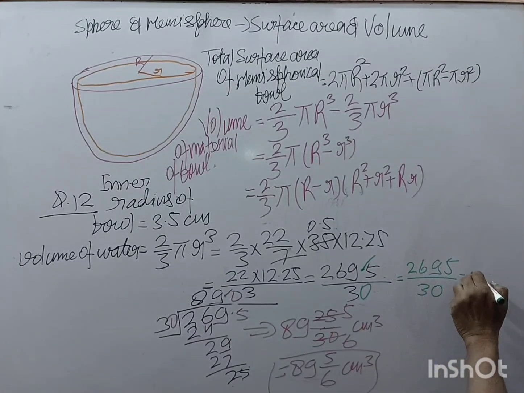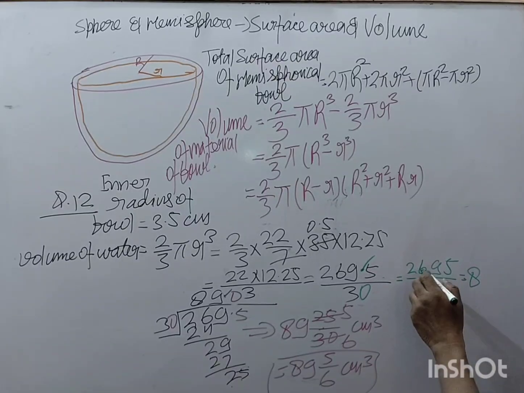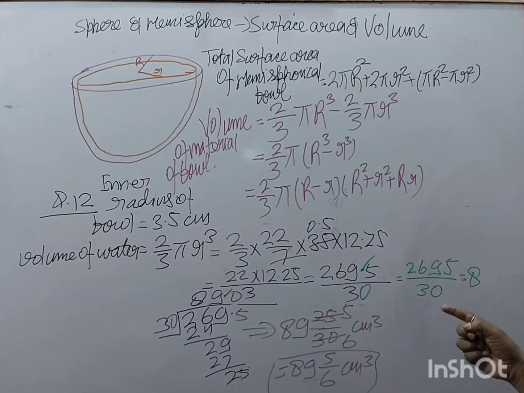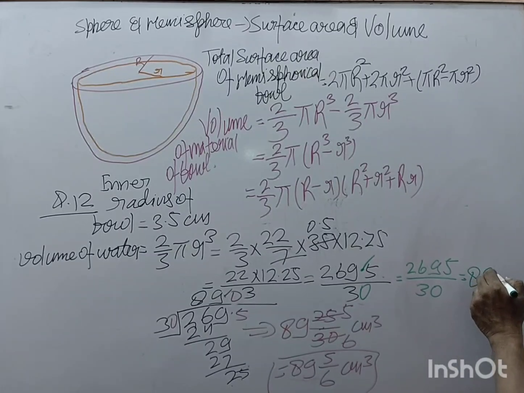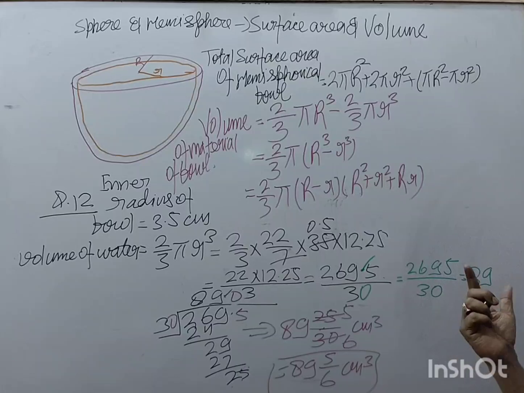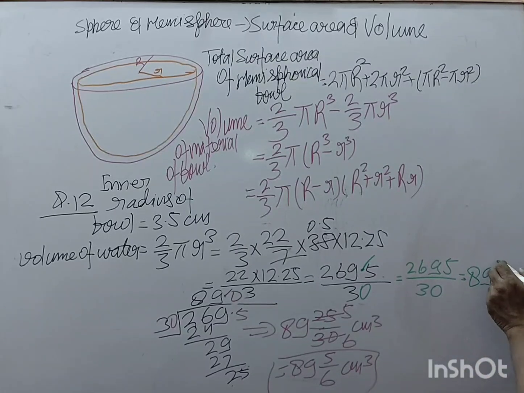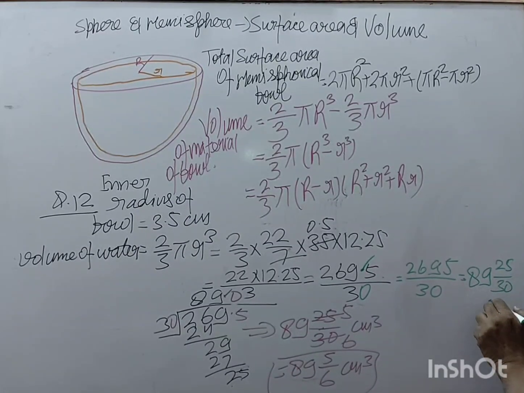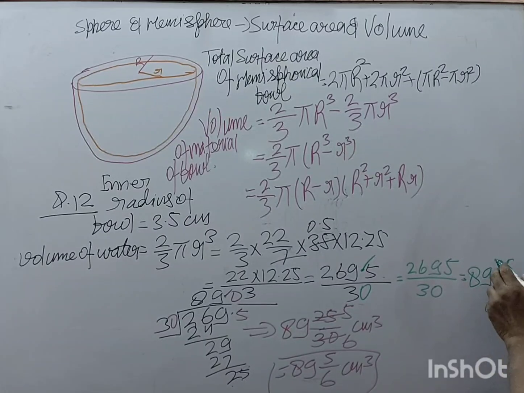So 8 times 30 becomes 240. 240 divided 295. So 9 times 270. So 295 minus 270 becomes 25. So you get 25 upon 30 centimeter cube.